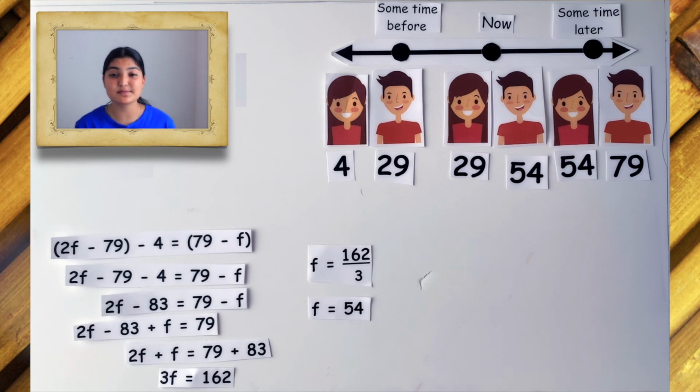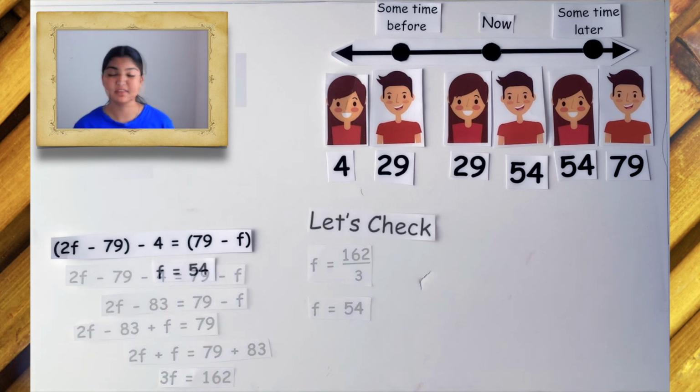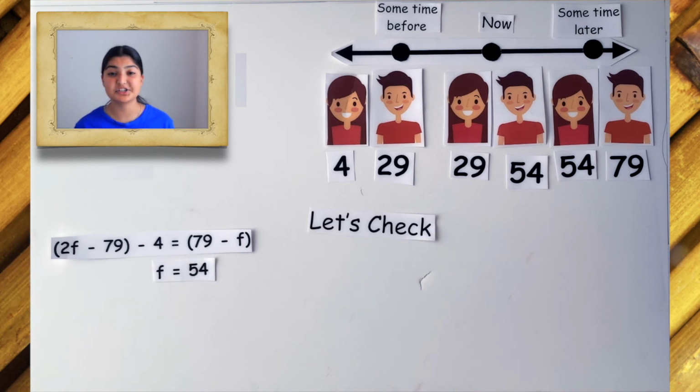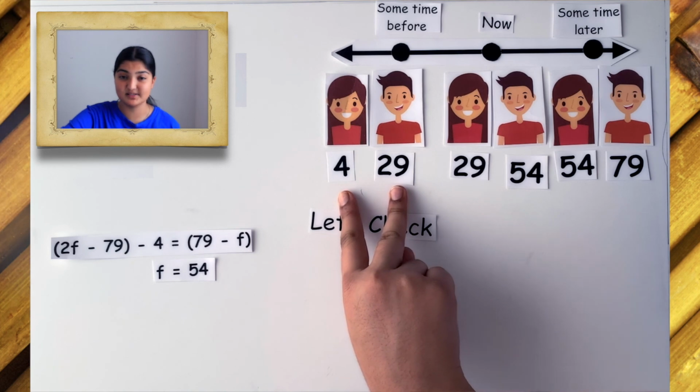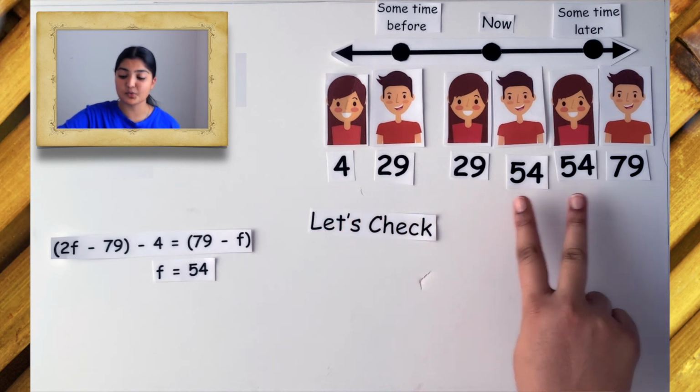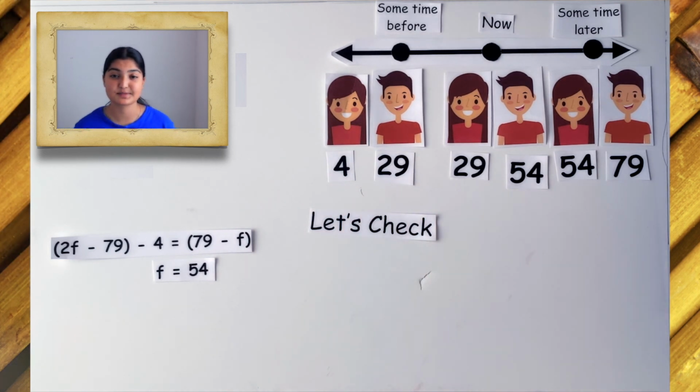But just to be sure, let's check our work. In order to check our work, we can find the difference between the daughter and the father's ages during each one of these times. So let's do that.